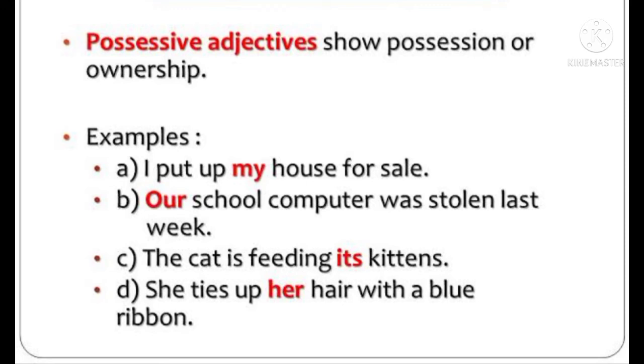Our. So possessive adjectives, like possessive pronouns, we are using without the apostrophe. The cat is feeding its kittens. So it is used before the noun kittens. So it is its. She ties up her hair with a blue ribbon. Whose hair is being tied up here? Her hair.